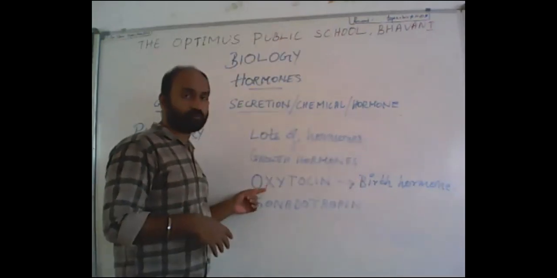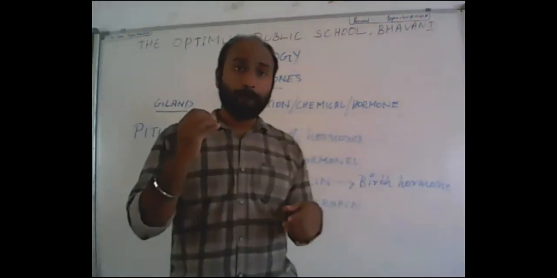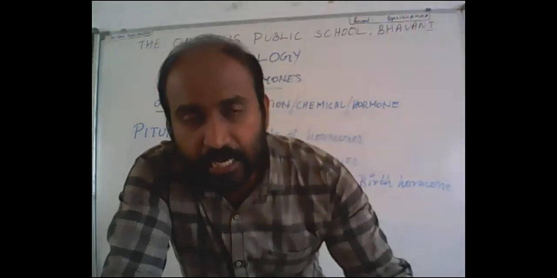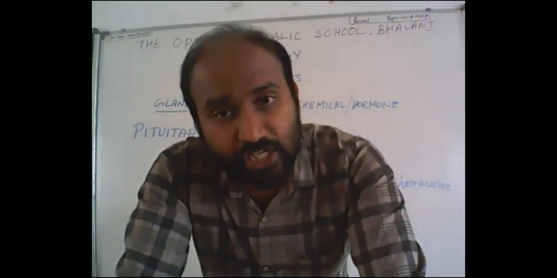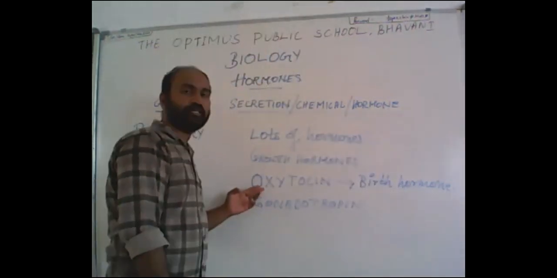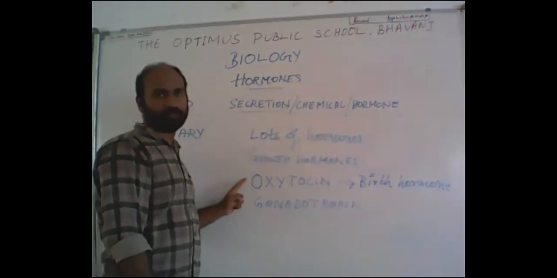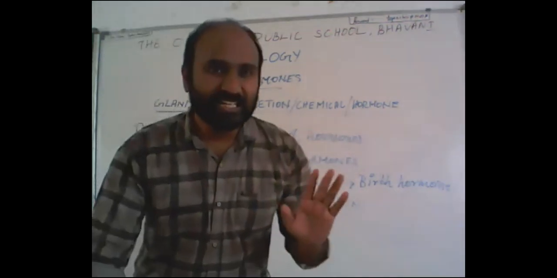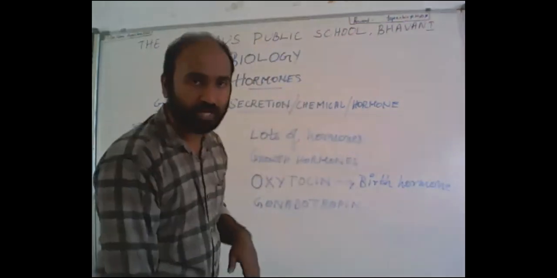Also, oxytocin is very important for milk production. After childbirth, the baby needs a mother's care, right? Milk. That milk secretion, the activation of the mammary gland, is again done by oxytocin. So oxytocin is very important for females. Even males have oxytocin, but in males the role of oxytocin is not completely understood by the scientific community.